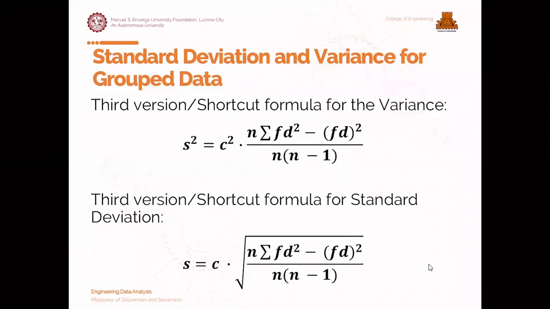Yung isa is yung conventional way ng pagkuha ng mean kapag group data. Yung other one is using deviation method. So pag deviation method yung ginamit mong mean, dito mo magagamit yung formula for variance and standard deviation.